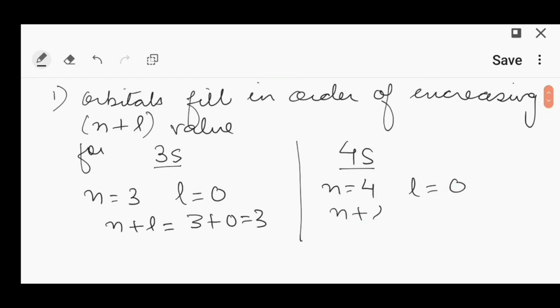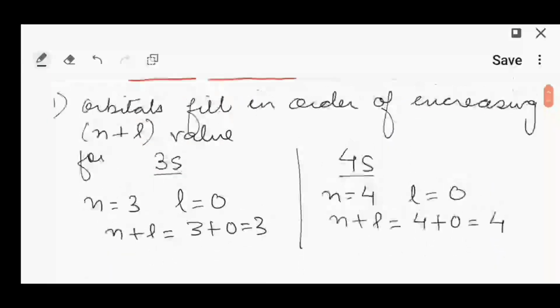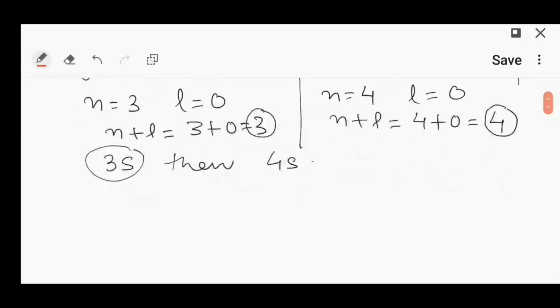So n plus l comes out to be 4 plus 0, that is 4. So which orbital gets filled up first? Because orbitals get filled in order of increasing value, the orbital which has the lower value of n plus l, that is 3s.